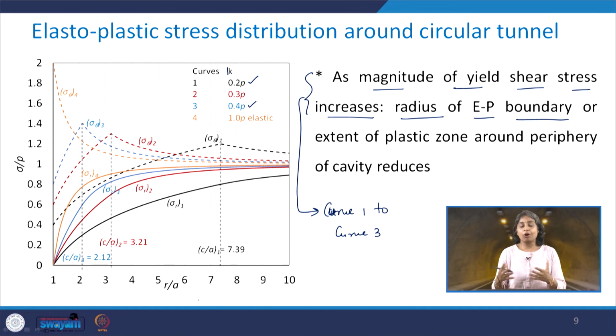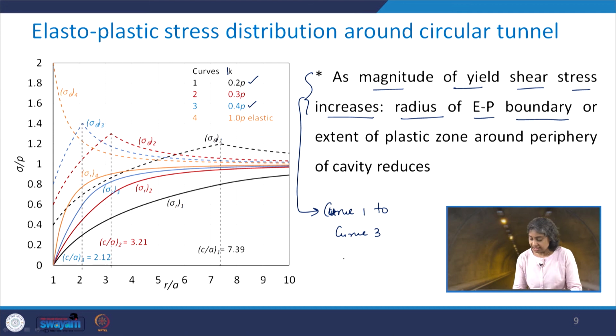This is very obvious, because when we have H equal to 1, the elastoplastic boundary coincides with the tunnel periphery. So, the lower the value of the yield stress, the bigger the radius of the elastoplastic boundary, or the larger the extent of the plastic zone around the periphery of the cavity.